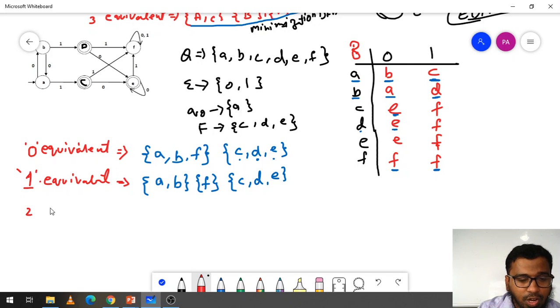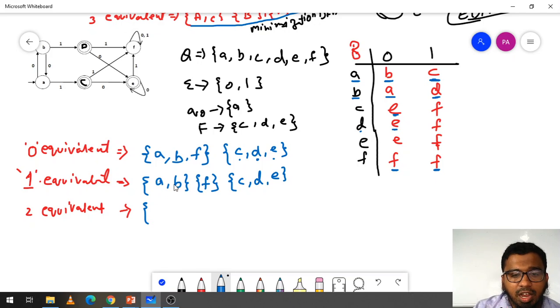Next, we need to check two equivalent. First check AB. A on 0 goes to B and B on 0 goes to A. Yes, A and B are in the same set. For two equivalent, the input is one equivalent.